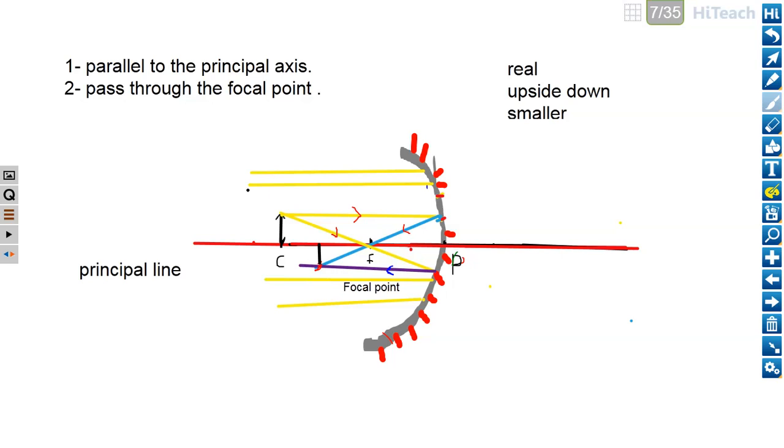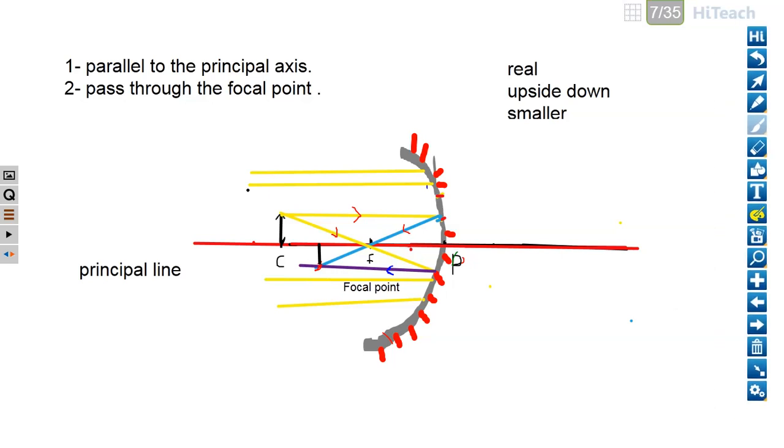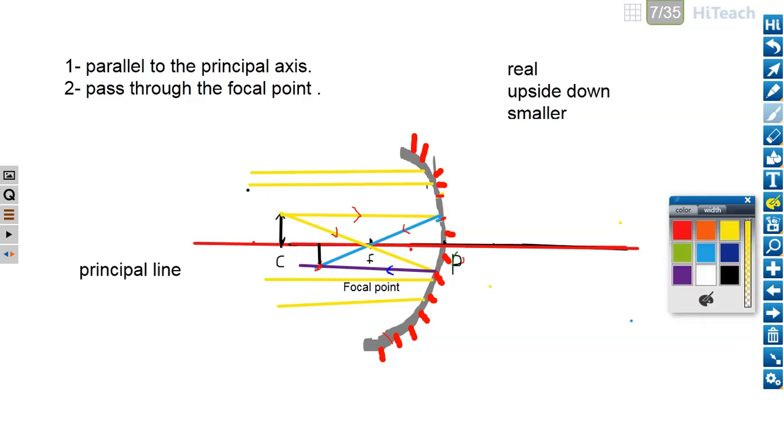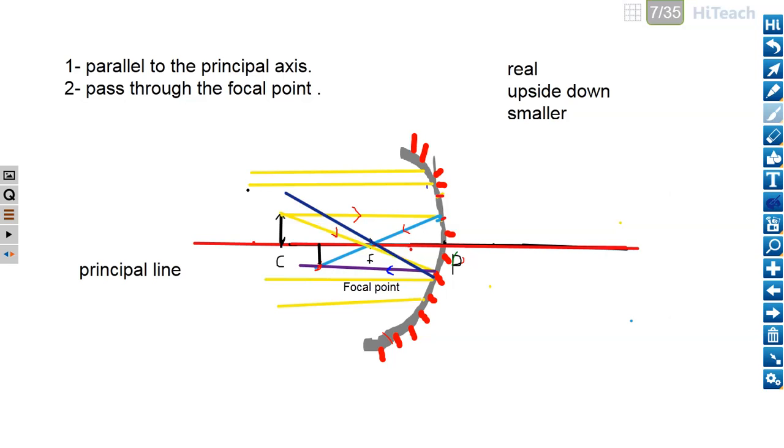All the parallel rays will be reflected passing through the focal point. So all of them will converge, or come together, at the focal point.